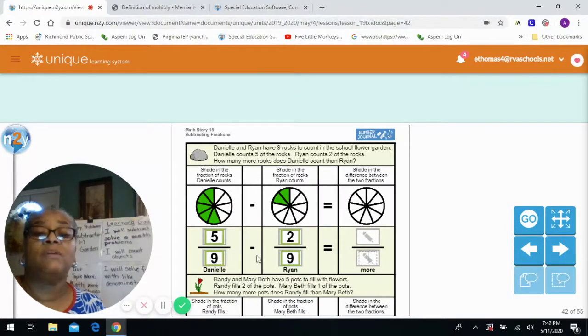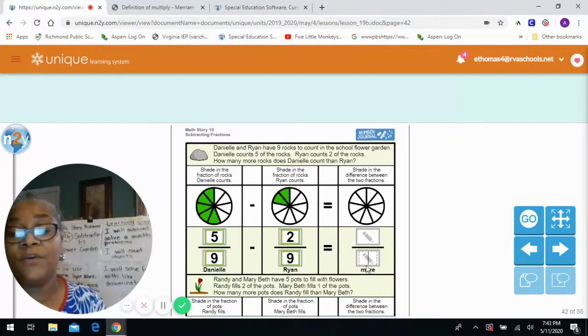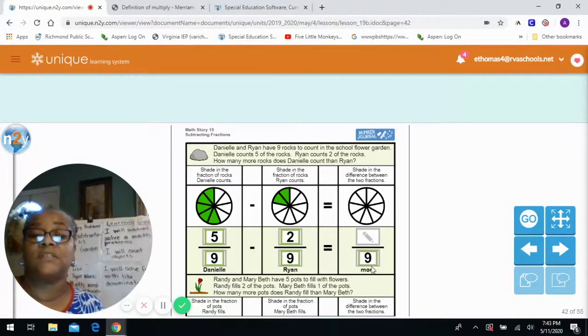Remember the rule. If it's the same denominator, bring our 9 over. And remember, this program will not let you go further until you follow the steps. So you do the 9 first, and then you subtract the 2 from the 5. So that would be what? 1, 2, 3.